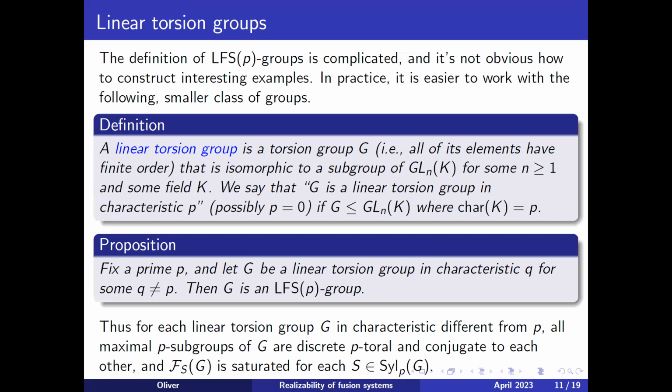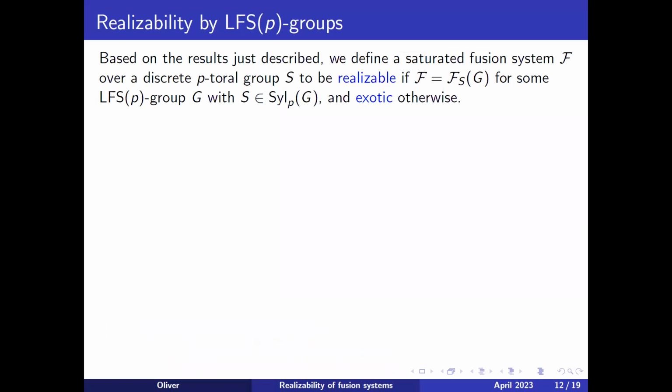But in positive characteristic, it's straightforward. And of course, this applies to all subgroups of a general linear group. So that's just to say that it provides a simple way of constructing examples.